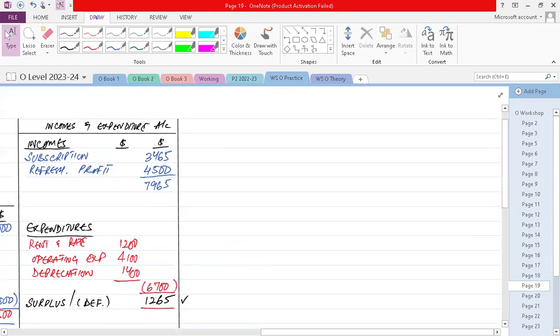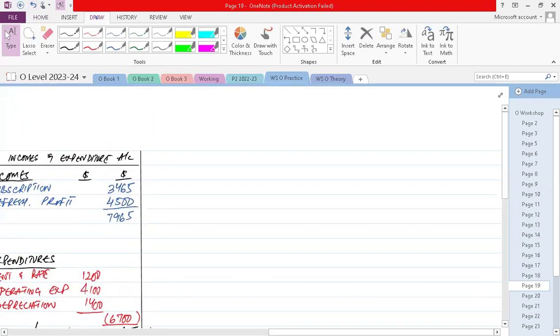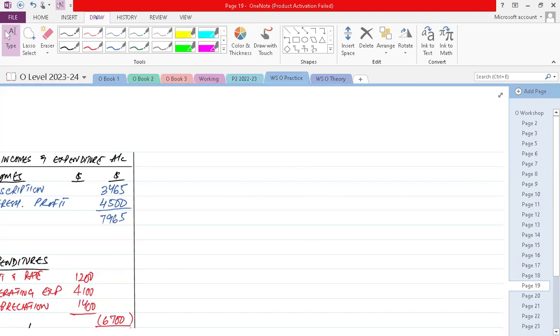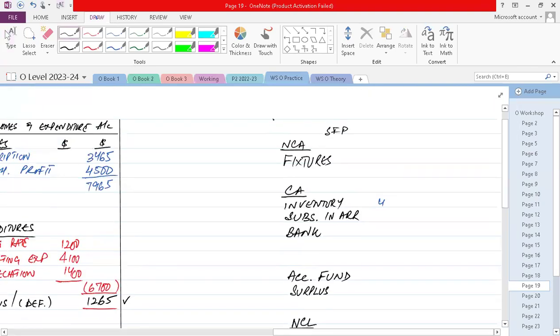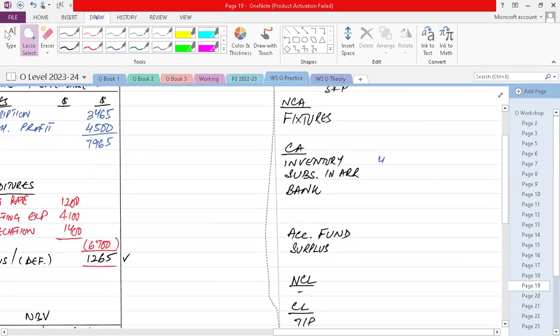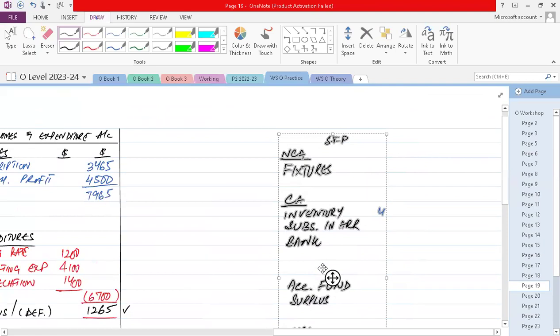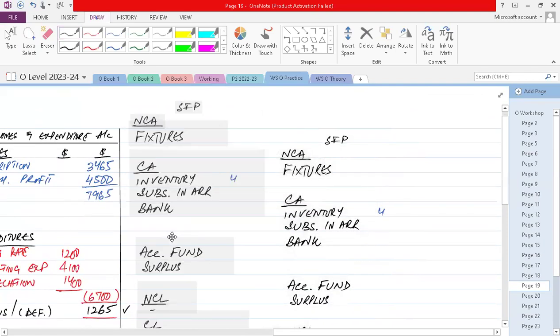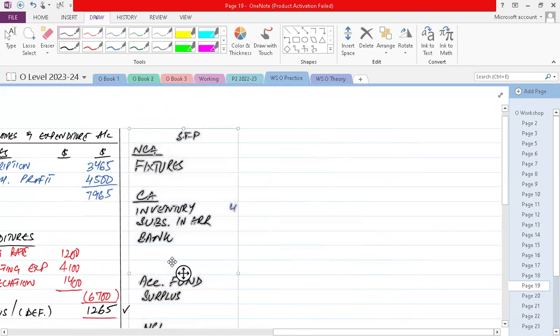I'm taking the format and putting it here so it's easy for us to make it. Here is a simple format of preparing SFP of a non-profit organization.